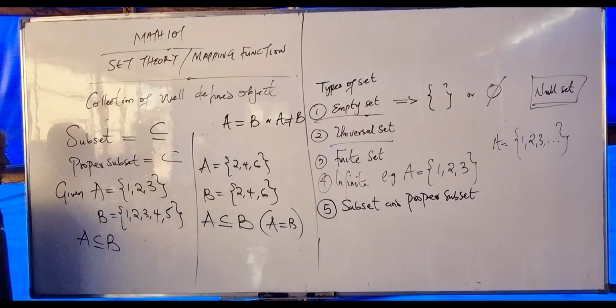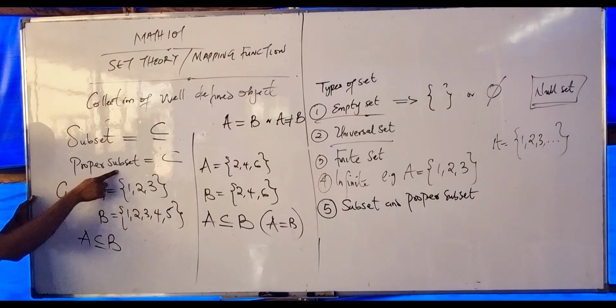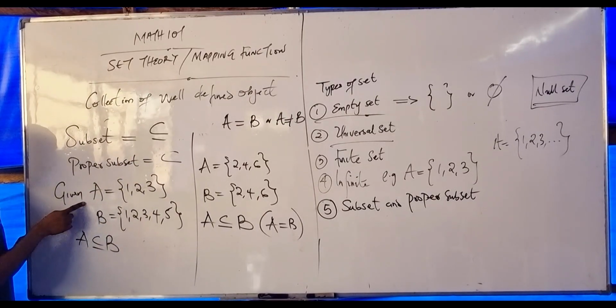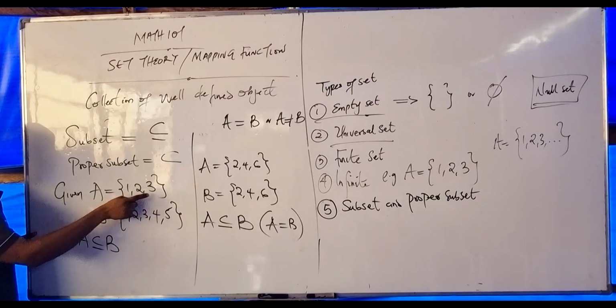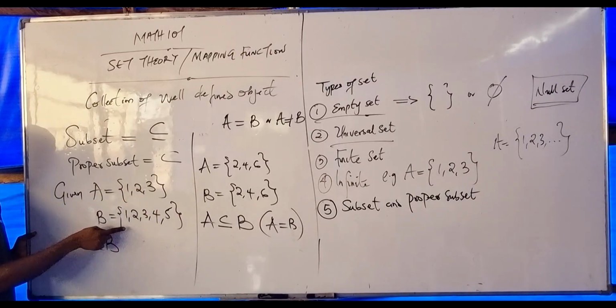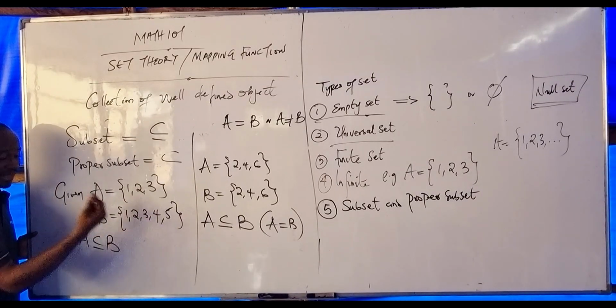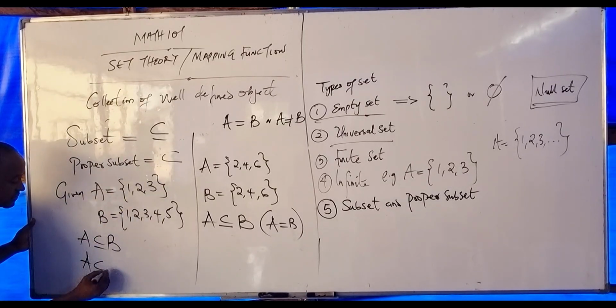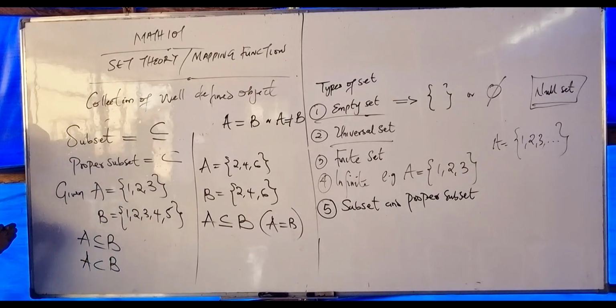Now, when you add the word proper subset, that also implies that if A is equal to 1, 2, 3, and B is this, that also implies that A is a proper subset of B. What's the condition here?